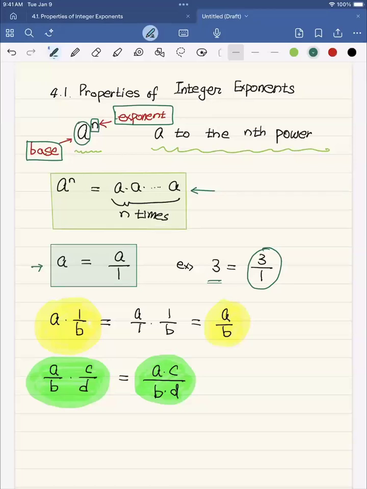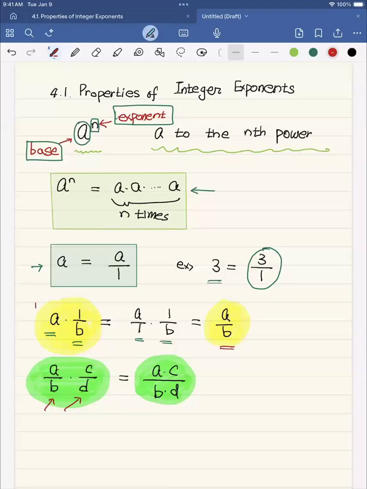When we use this basic property, we realize that the number a multiplied by 1 over b can be considered as a over 1 times 1 over b. When we have two fractions, we multiply the numerators together and the denominators together, so we can write it as a over b.